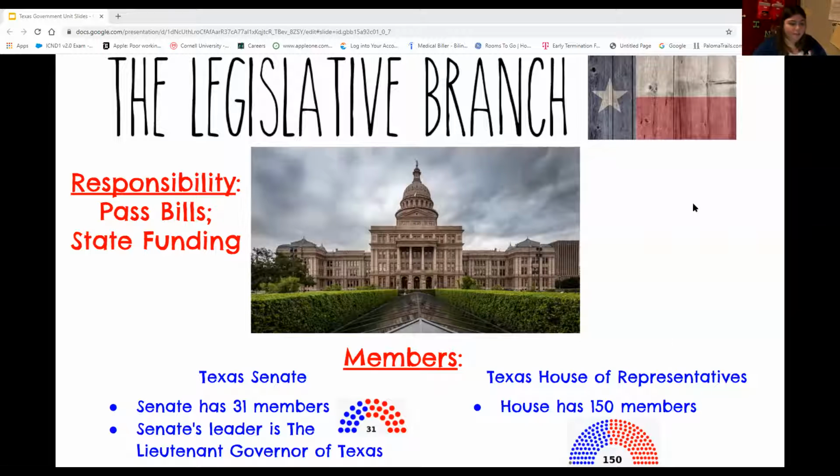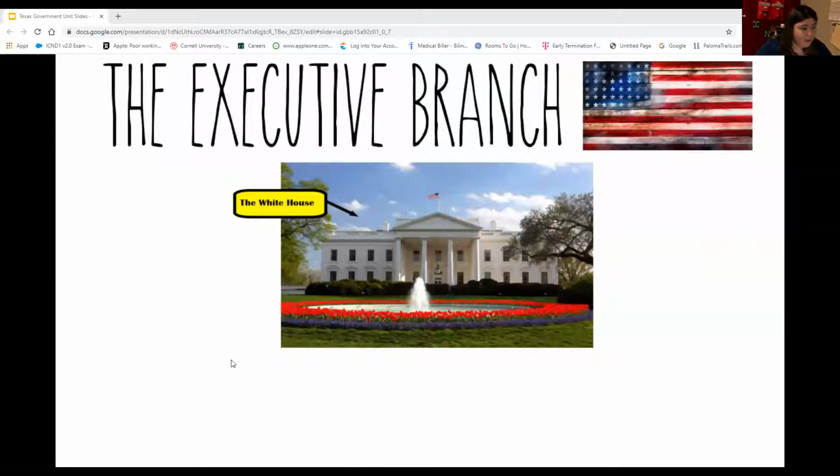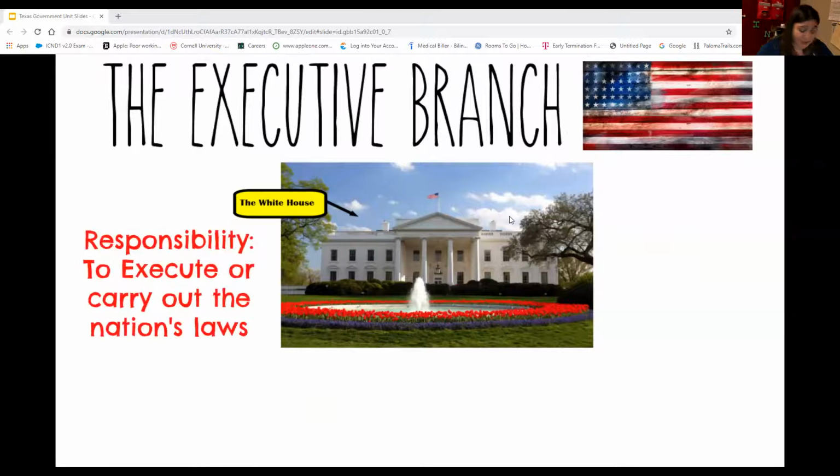Okay, so now we move on to our executive branch. Remember, we're going to be right below it. The executive branch inside the federal part, again, I'm using my black pen for my federal, is the White House. That's where the president lives. The executive branch responsibility is to execute or carry out the nation's laws.